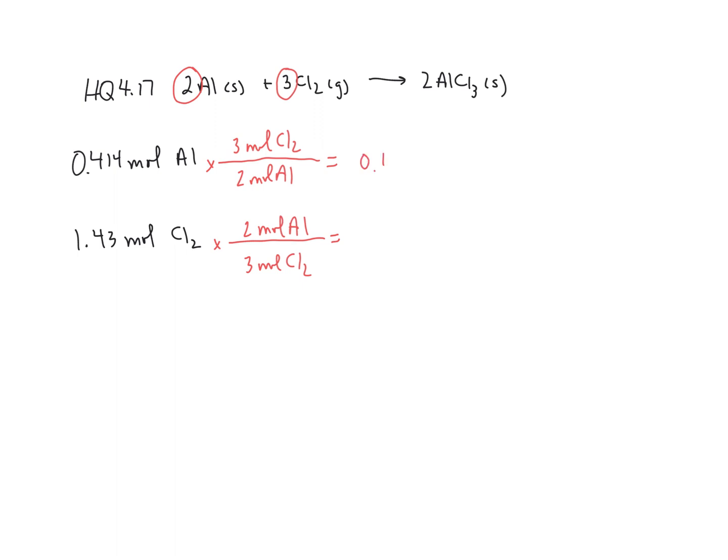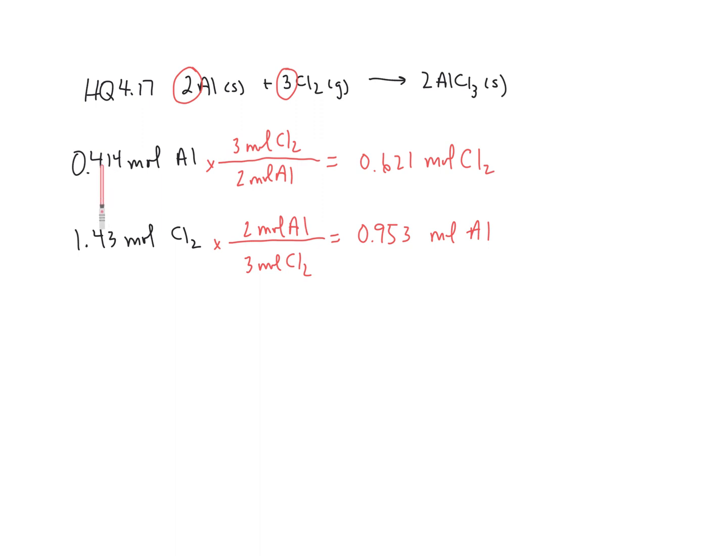and I get 0.621 moles of chlorine. And I'll talk about this number in a second, but I want to do the second calculation first, to get about 0.953 moles of aluminum.